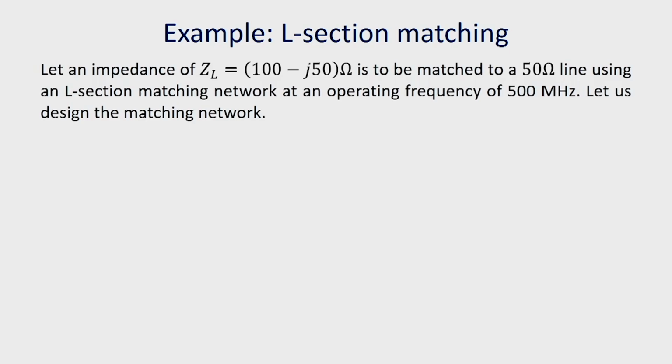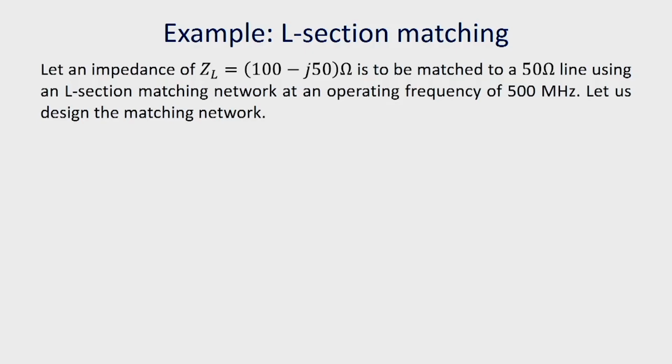We consider an example of L section matching network design, and let an impedance of ZL equal to 100 minus j 50 ohm be matched to a 50 ohm line using an L section matching network at an operating frequency of 500 megahertz. So, let us design the matching network.